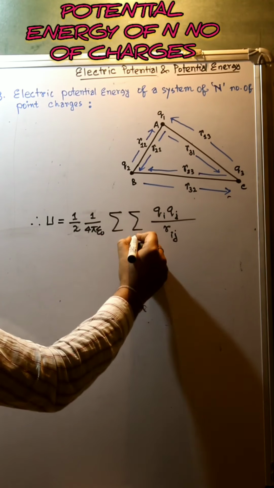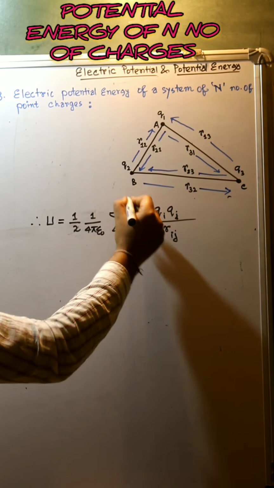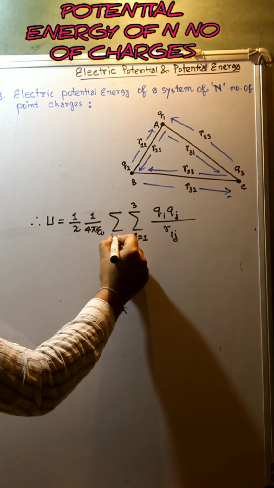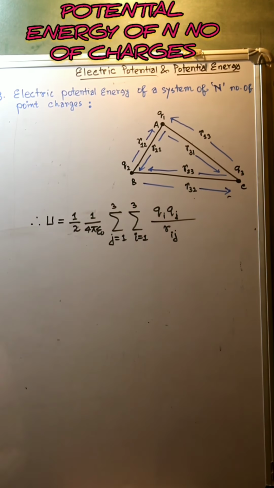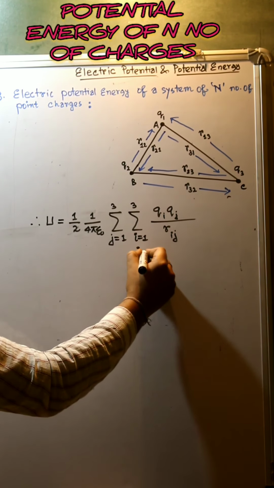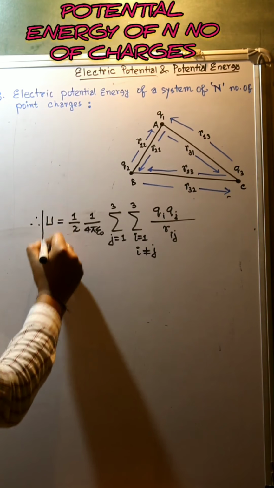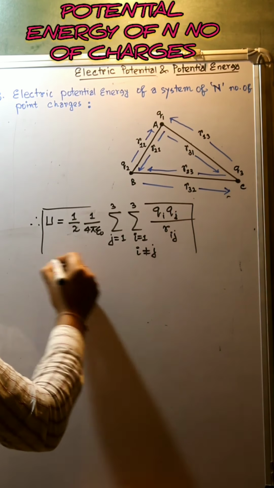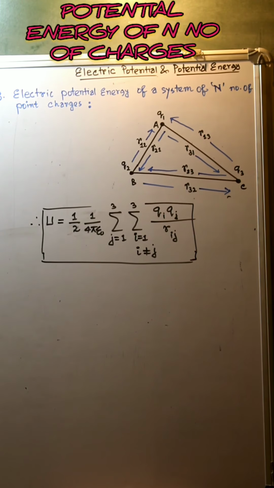The first summation starts from i equals 1 to 3 in this case, the second summation starts from j equals 1 to 3 again, and we mention i not equal to j. So this is the electric potential energy of a system of 3 charges.